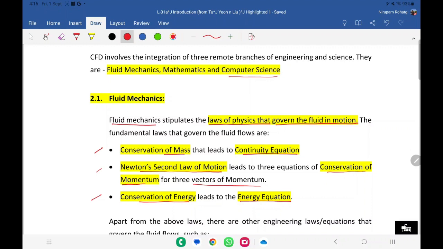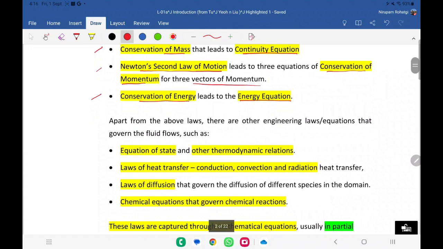Okay. Now apart from these laws, there are other engineering laws or equations that govern the fluid flow. The first one of them is the equation of state, or other thermodynamic relations. If you look at thermodynamics, there are a number of equations there. The continuity equation and energy equation are part of thermodynamics, but there are many other equations also.